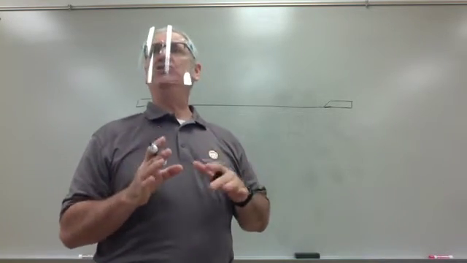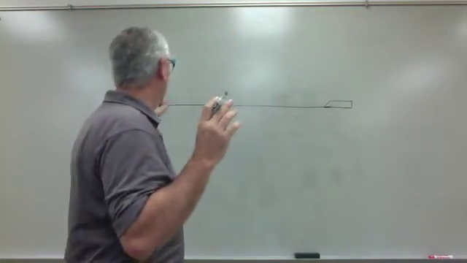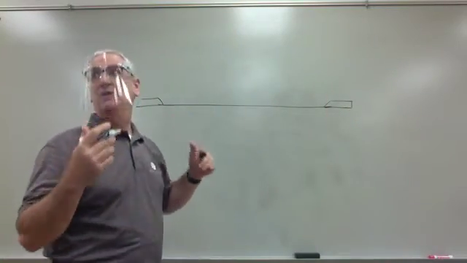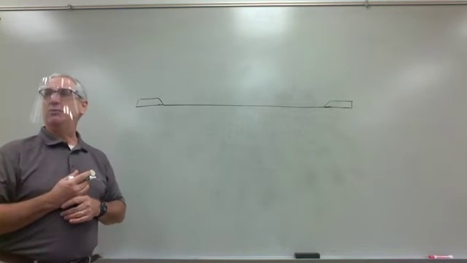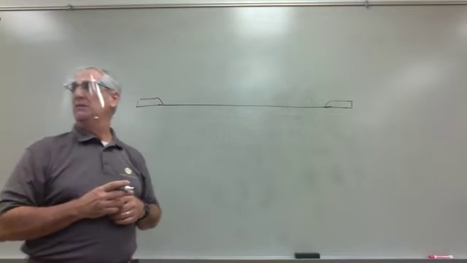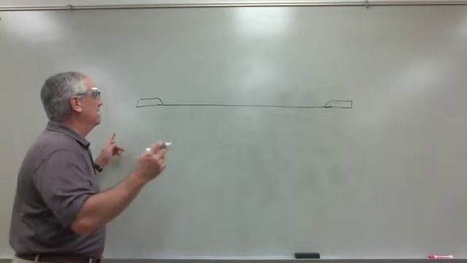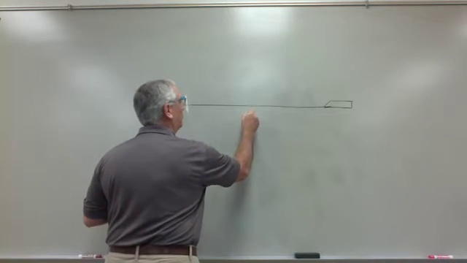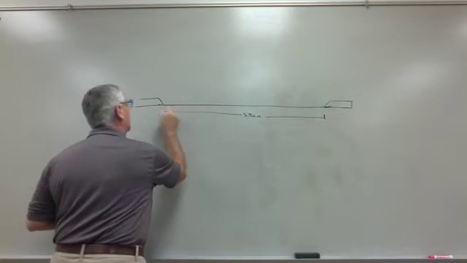So what information do we have that I can draw on the board? I've got 2 trains on parallel tracks headed toward each other. What piece of information do I have that I can put on the board? You have to actually read the problem to figure it out. 8.5 kilometers away from each other. All right, so I have a distance of 8.5 kilometers from here to here.